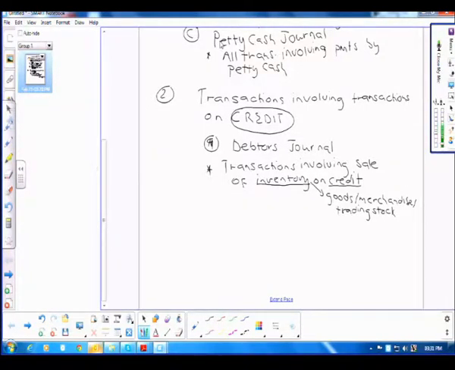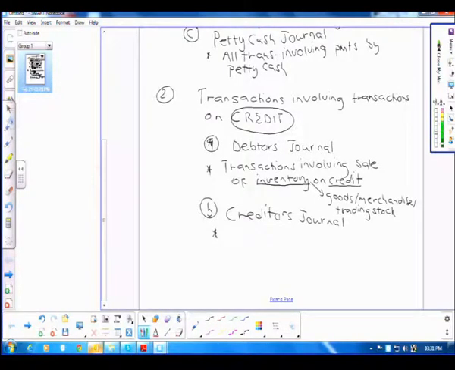All right. So in this category, the other journal we use is the creditors journal. In the creditors journal, what sort of transactions are we dealing with?